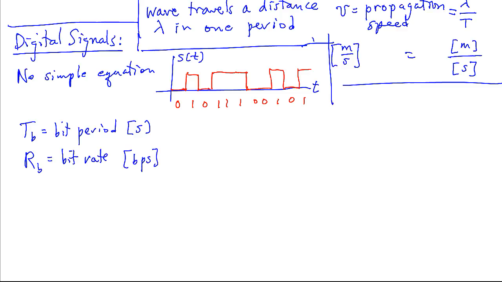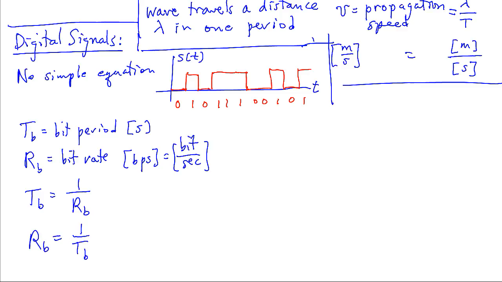And we have the fundamental relationship, T_B is 1 over R_B, R_B is 1 over T_B, almost exactly the same as up above when we were doing analog signals and we're looking at the frequency and the period. The bit rate acts like the frequency, in other words, here.